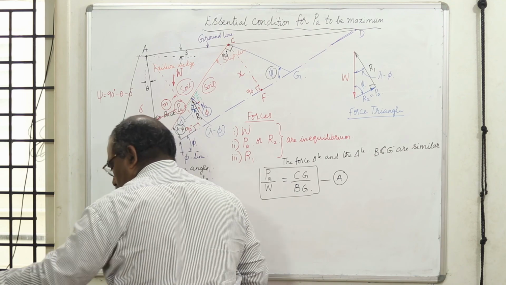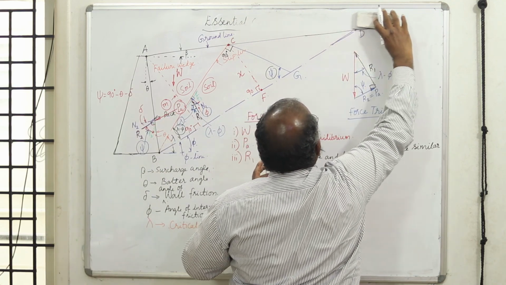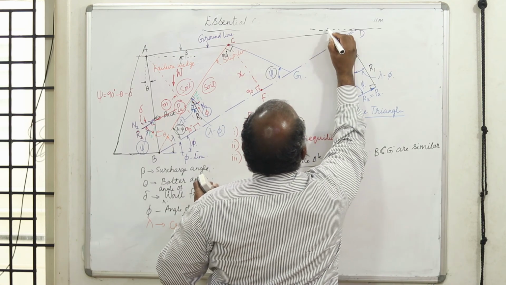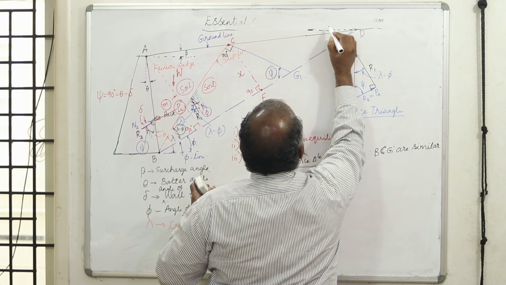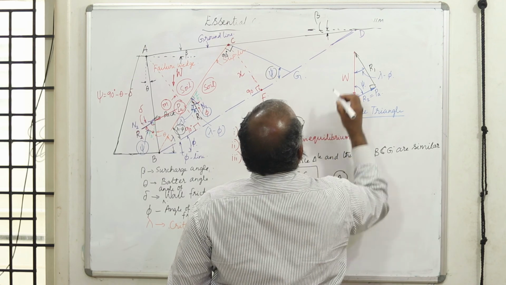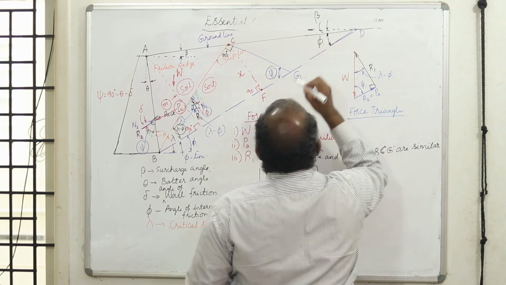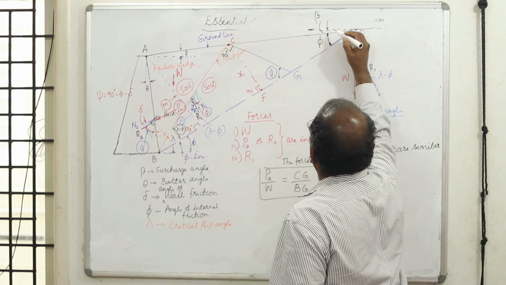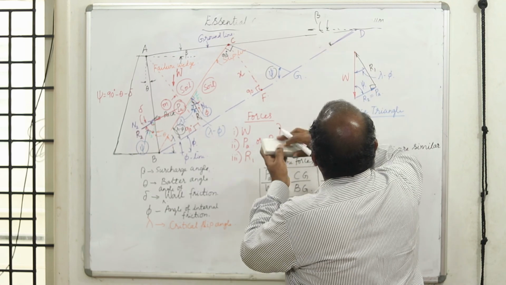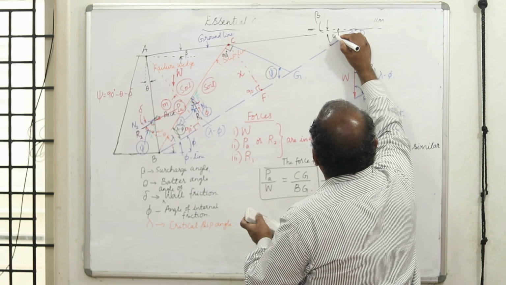Now let us try to understand some more details in the figure. Now this is the horizontal. Now what is this angle? This angle is beta. What will be this angle? This total angle is phi.